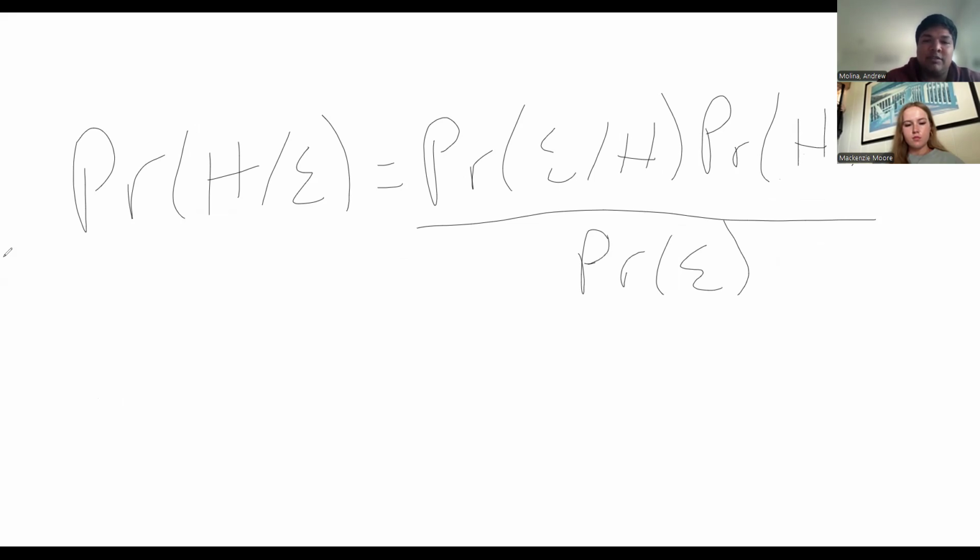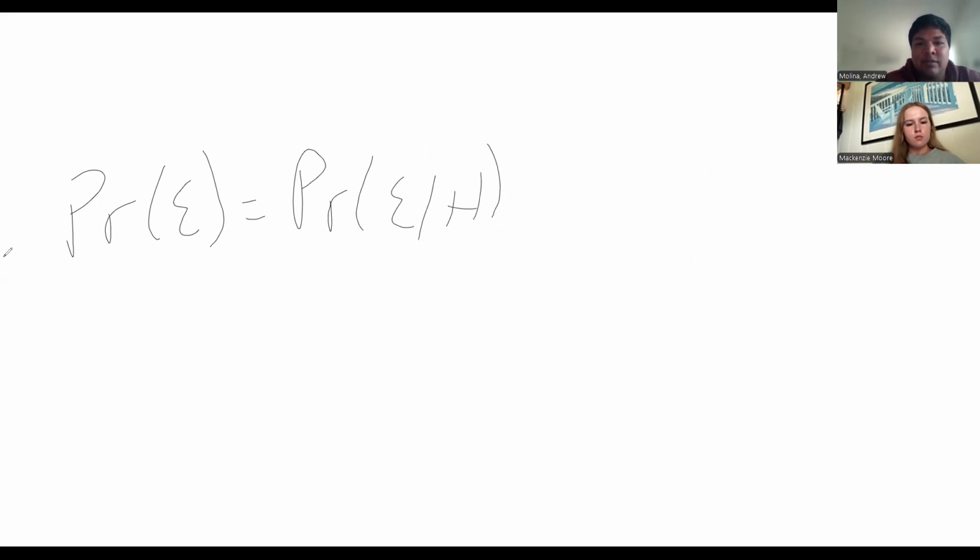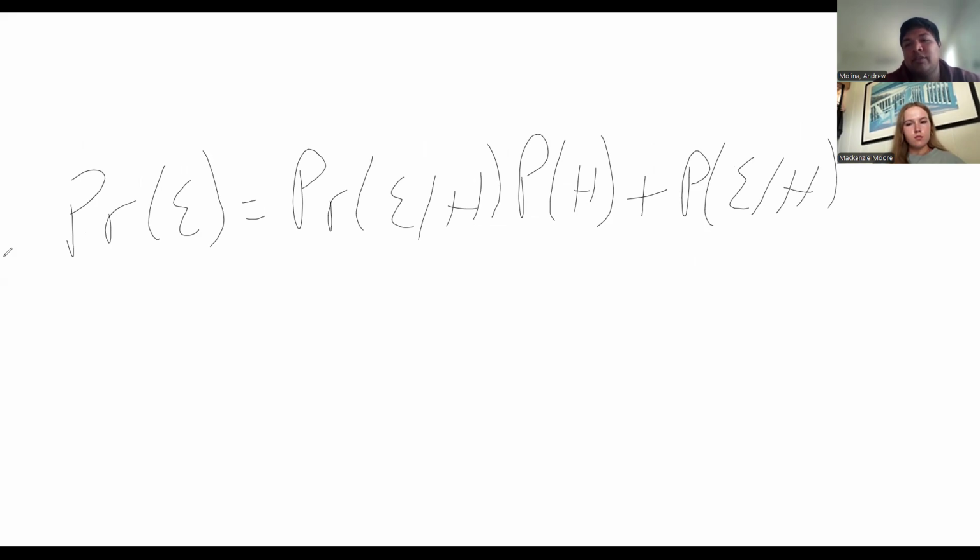To further simplify this, we will find what we can substitute for the probability of E, which given the principles of H being both mutually exclusive and jointly exhaustive, is that the probability of E is equal to the probability of E upon H times the probability of H plus the probability of E conditional upon not H times the probability of not H. And I did forget the not H here.